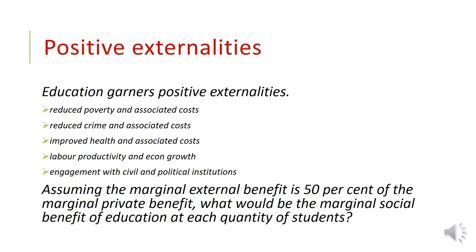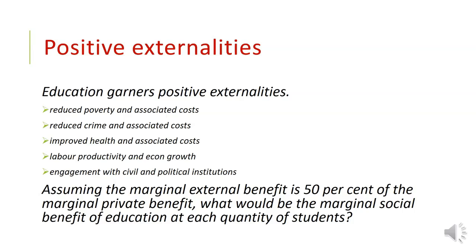There's labour productivity improvements which result ultimately in economic growth, that is increased production of goods and services, which then can benefit other people in the society who don't get that education because of the growth in industries, increases the incomes of people who are in those industries. They spend that money. That increase in spending then generates demand in other sectors of the economy for people who hadn't got that education.